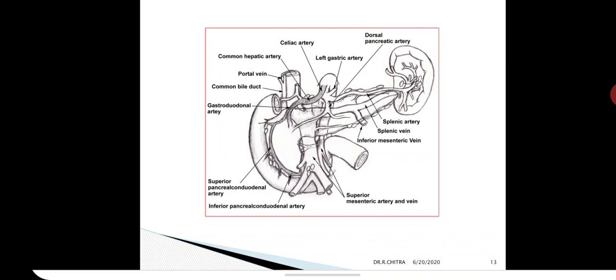So this is that superior pancreaticoduodenal from the gastroduodenal, then the inferior pancreaticoduodenal from the superior mesenteric artery. They will pass in between the second part of duodenum and head of pancreas, then anastomose and supply both the second part of the duodenum and head of the pancreas. So they are called pancreaticoduodenal arteries.